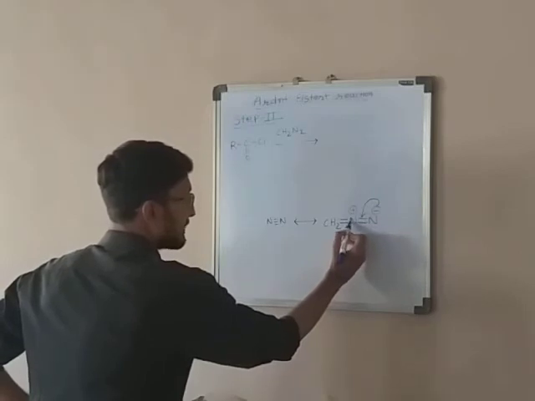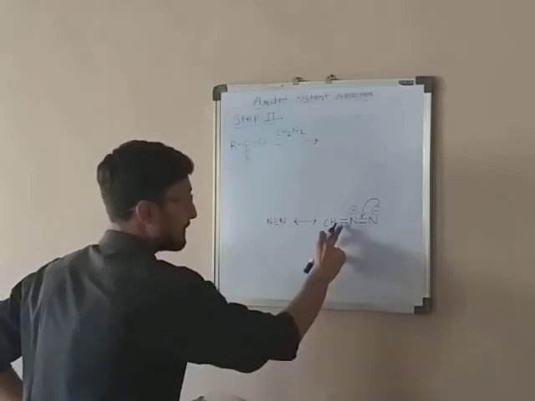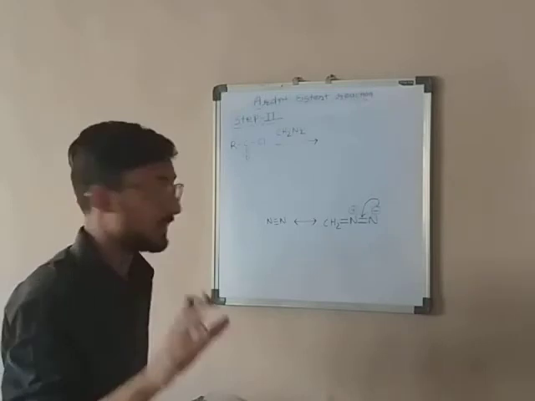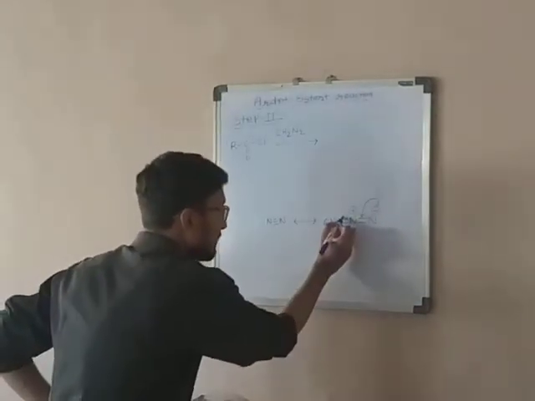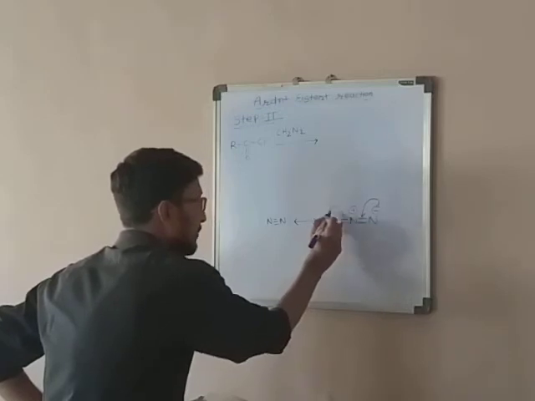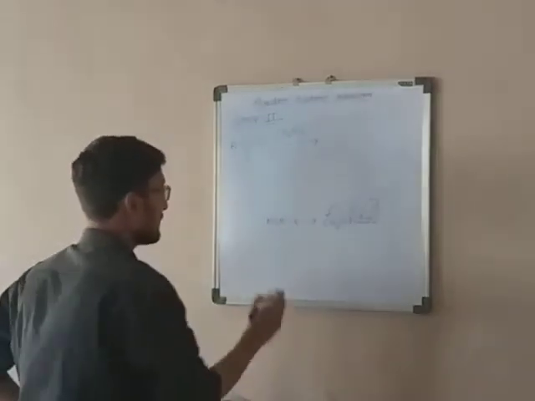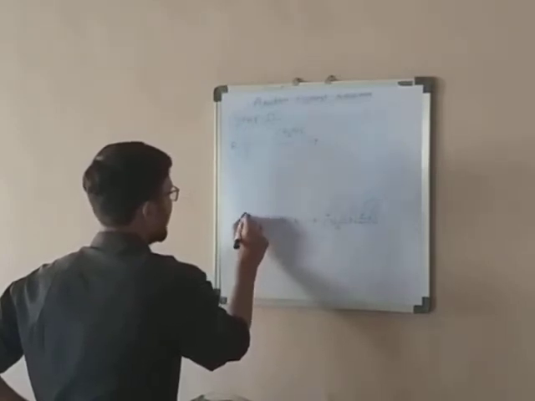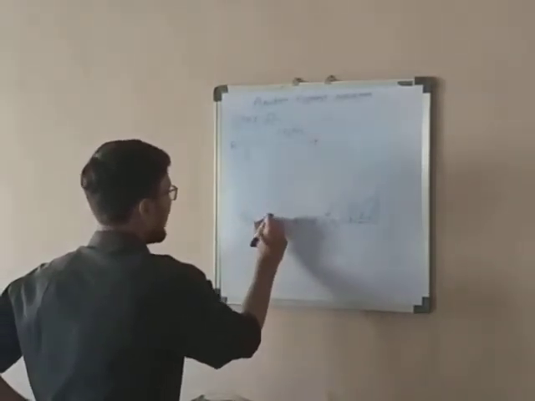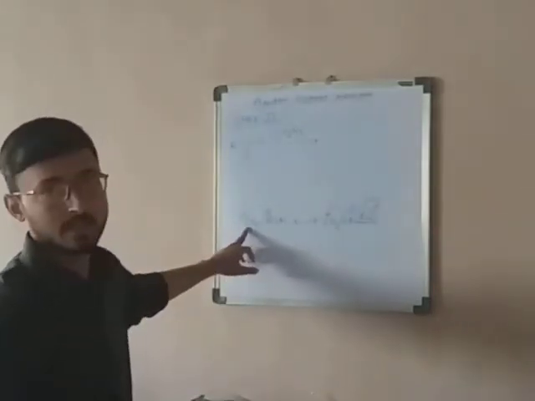And this nitrogen atom will now have 5 bonds if these two double bonds also remain there. But this cannot happen, right? So this bond will now get broken and the charge will sit on this carbon. So what will happen? There will be a negative charge on this carbon atom.